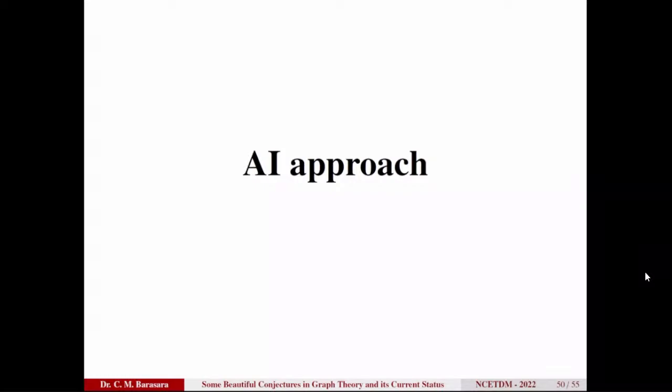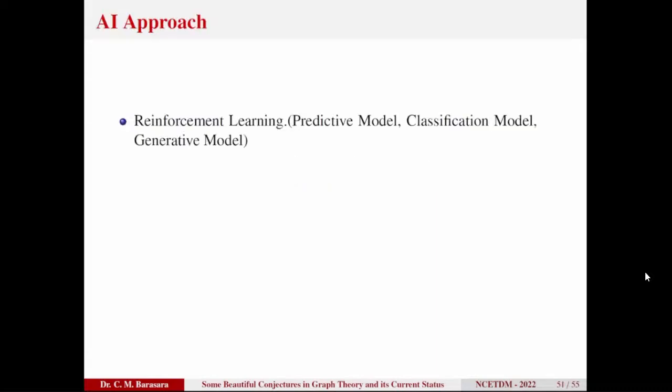As my favorite author, Dan Brown, suggested in his fiction Origin, the next evolution should be a mix of artificial intelligence and human intellect, and the new evolution would be based on that only. How can we approach any conjecture using AI? Let me come down to that part very quickly.